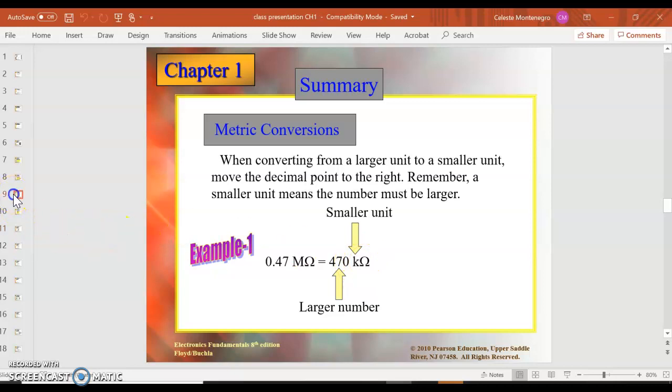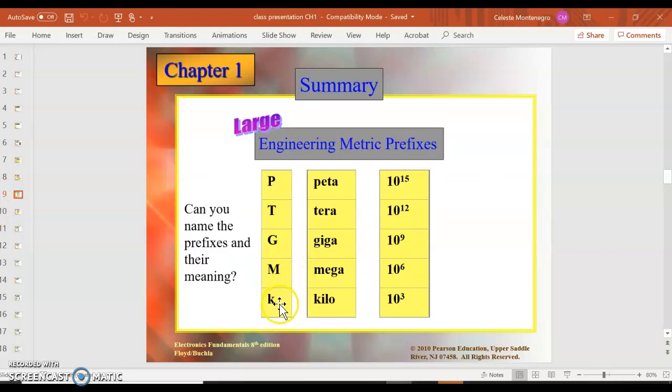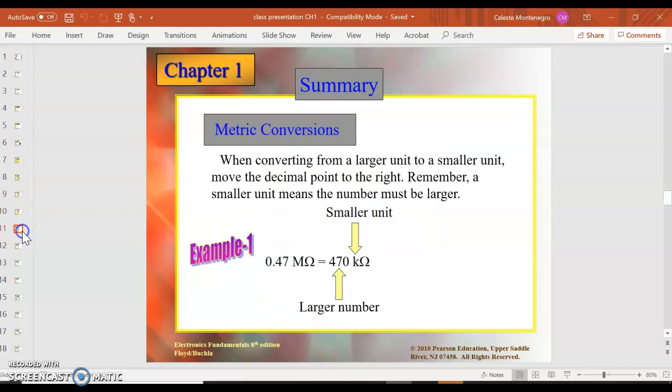If we go back to the previous slides, we know the kilo is smaller than mega. So what's happening to the value? The value is actually going to go from small to large, and we see that we go from 0.47 to 470 kilo ohms. I'll do a step-by-step example in the next video to show how that goes.